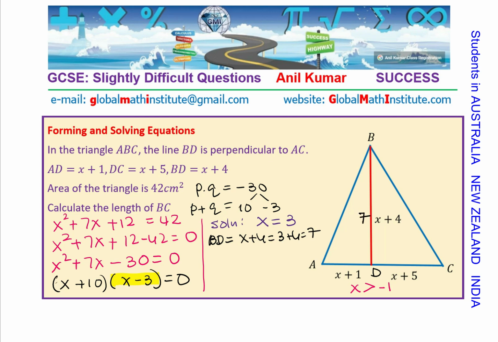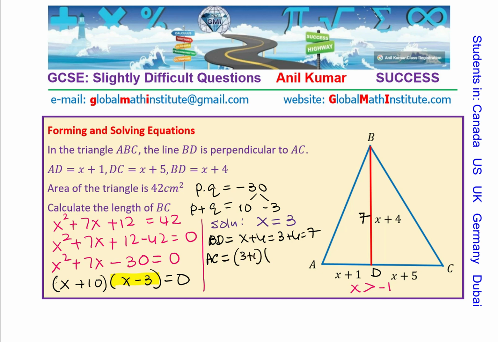And AC will be x plus 1 plus x plus 5. So let me write down directly 3 plus 1 plus 3 plus 5. Correct. And that is 4 and 3 is 7 and 5 is 12.